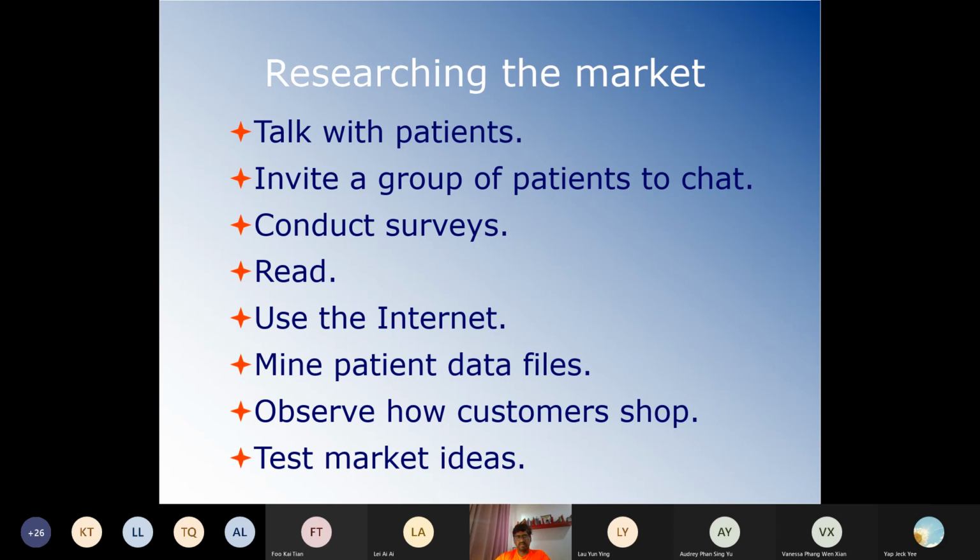And mine patients' data files, so that you will be able to understand their history, observe how customers shop, like what Walmart has done, and test market ideas. So you try to implement the new ideas and check whether it works or not. If it works, then take it up. If it is not working, then see how you have to modify and change it.